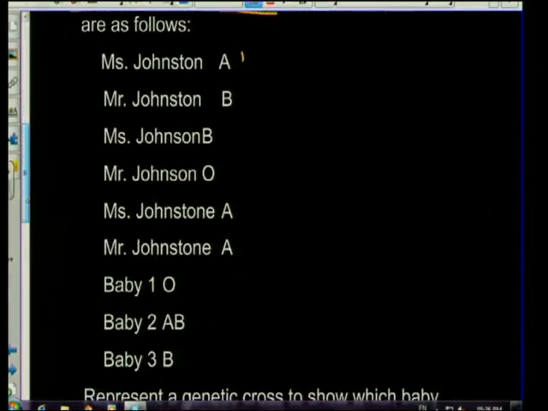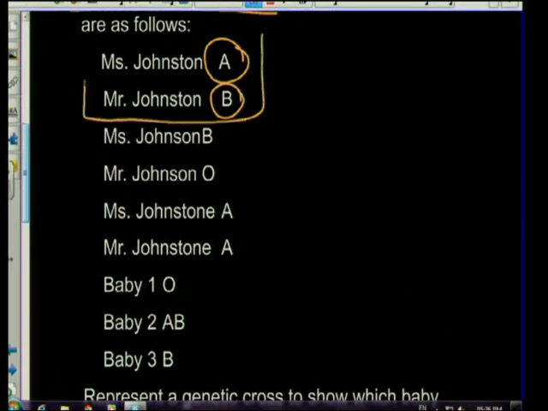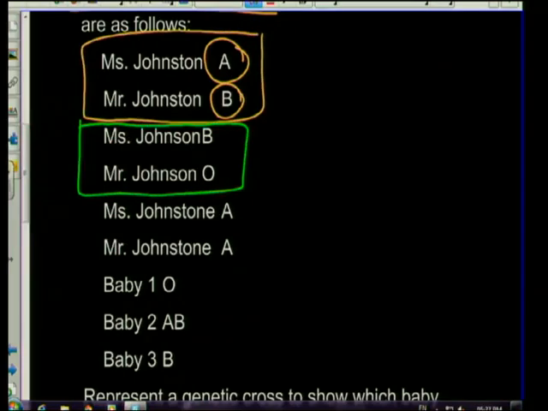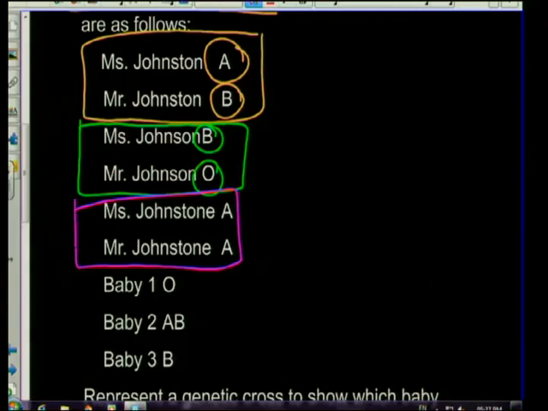Mrs. Johnston, blood group A. Mr. Johnston, blood group B. This is one couple. The second couple, Mrs. Johnson and Mr. Johnson, O and B. And the third couple, Mr. Johnstone and Mrs. Johnstone, are both blood group A. So what have they given us?